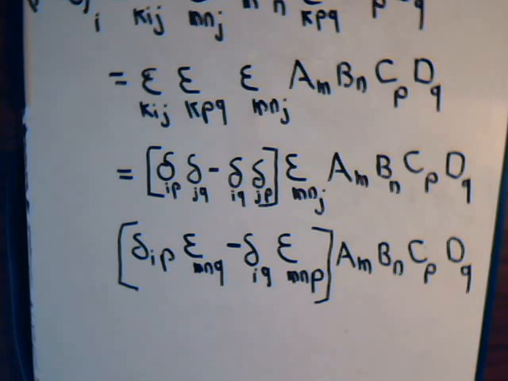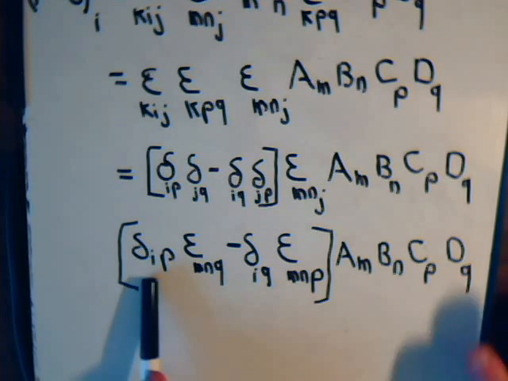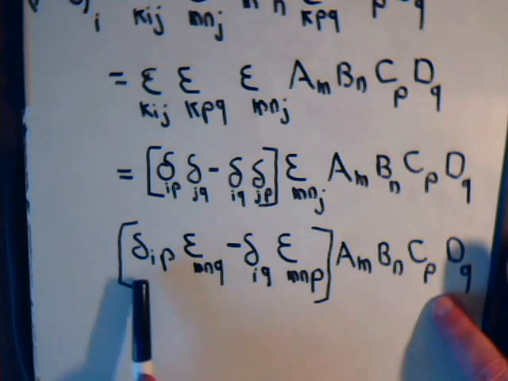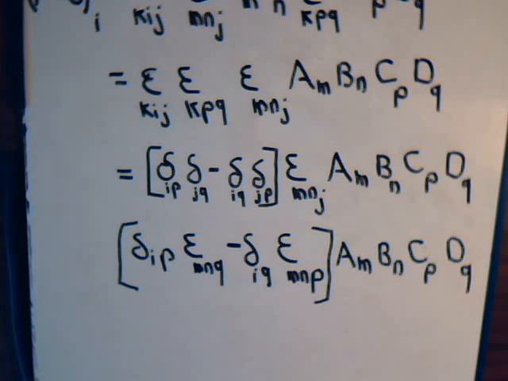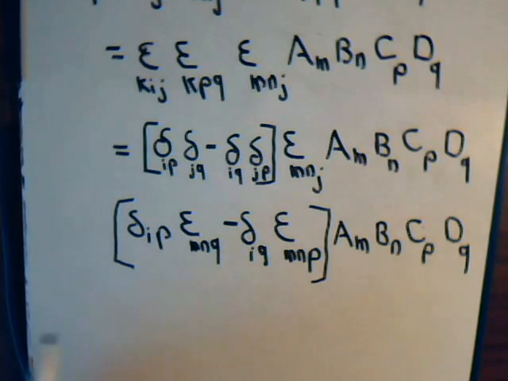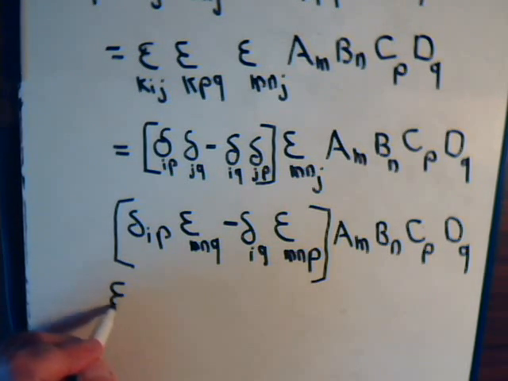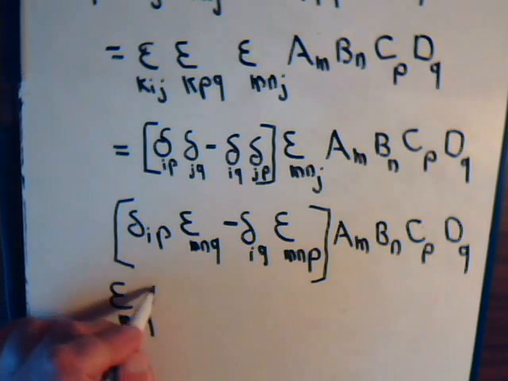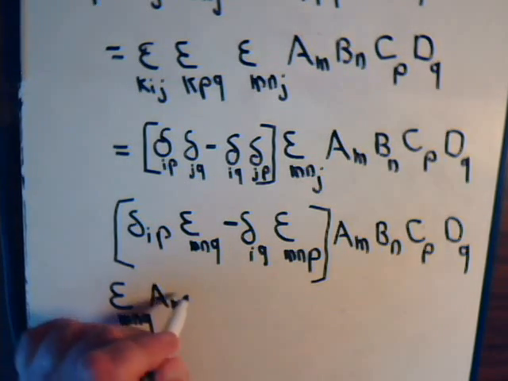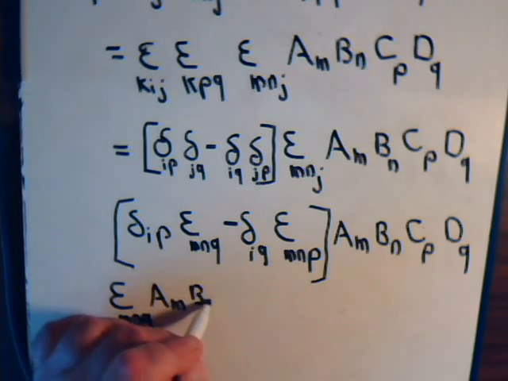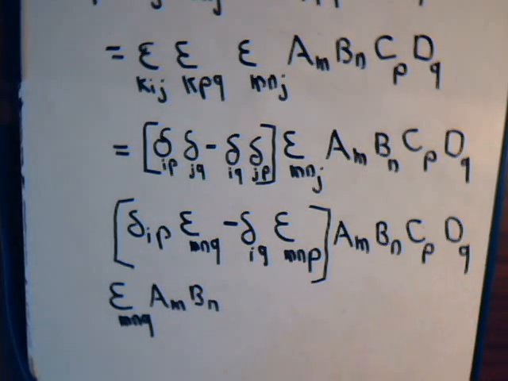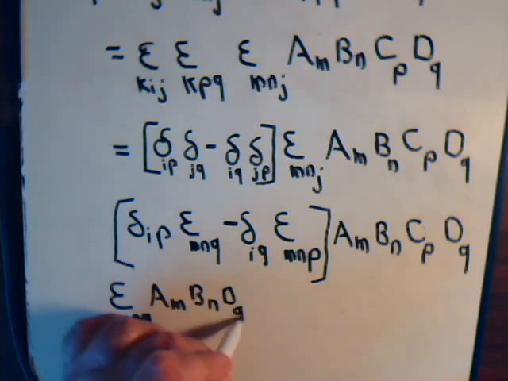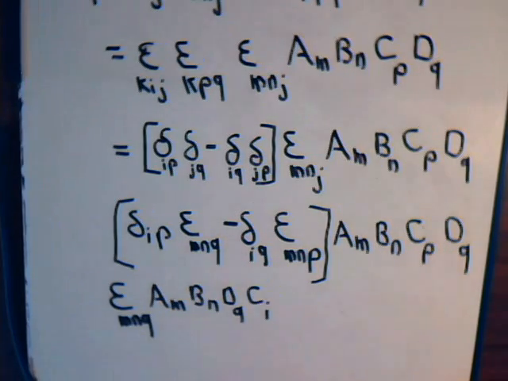The equivalent statement is this equals 0 unless P equals I. And we have delta I, and that's 1. So that makes this an I. So we have epsilon MNQ, AM, BN DQ, CI.